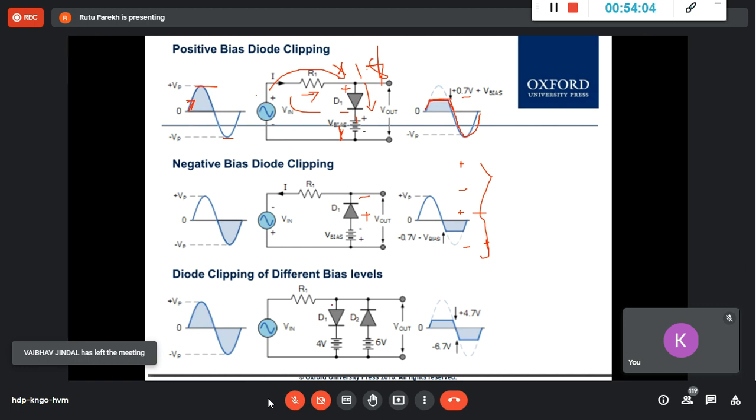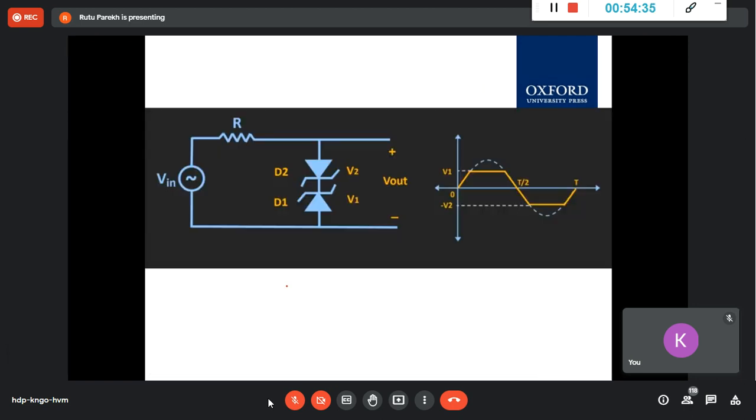Then when you have this back to back and they are still additive, plus, minus, if this is 4 volt and this is 0.7, then it will follow up to 4.7, and then it will remain constant. And once it decreases below 4.7, then it will follow the input. So for all higher voltages, the output will remain constant at 4.7. And similarly, this will be added in the negative direction, and this is minus 6.7. So based on the same thing, okay?